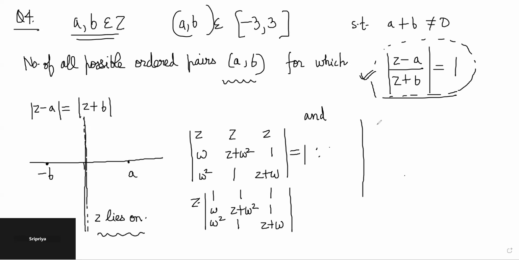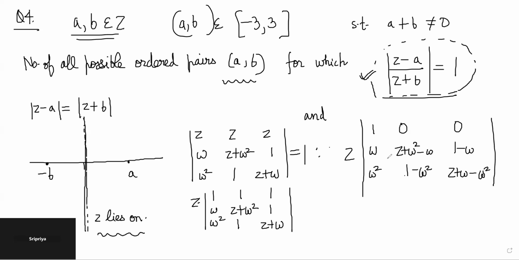Second column will become 0, z plus w square minus w, and 1 minus w square. Third column is third minus first column, so it is 0, 1 minus w, and here it will be z plus w minus w square, right?